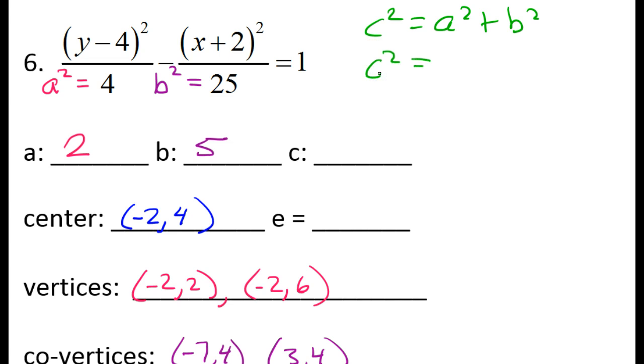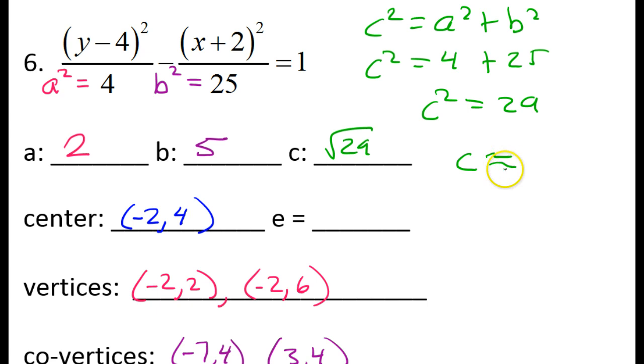So that means c squared is equal to 4 plus 25. So c squared is equal to 29, so c is equal to the square root of 29. For graphing purposes, it would be useful to know the decimal approximation. That is approximately 5.4.